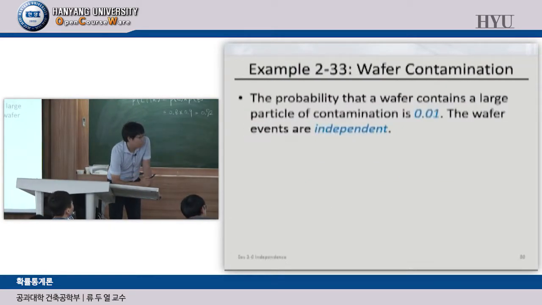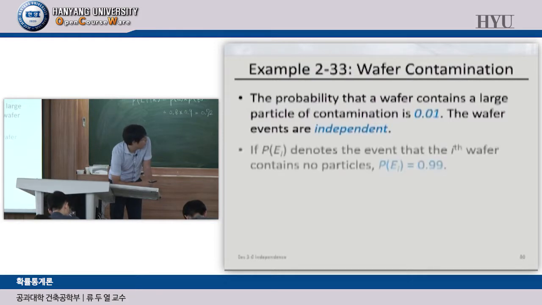And this is another example. Example 2-33 for the vapor contamination. The probability that a vapor contains a large particle of contamination is 0.01. The vapor events are independent, okay?